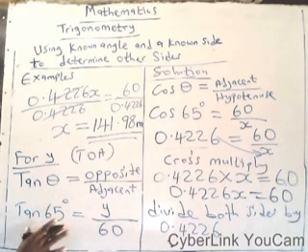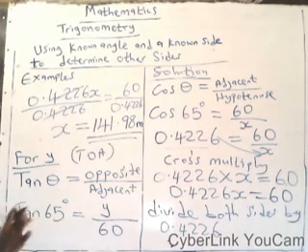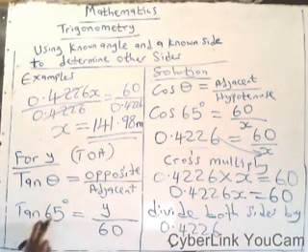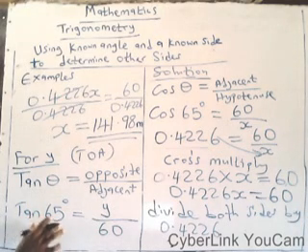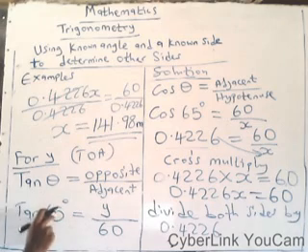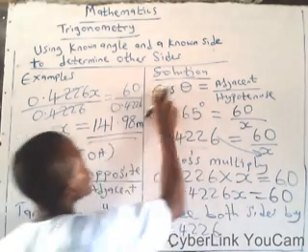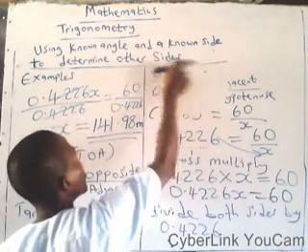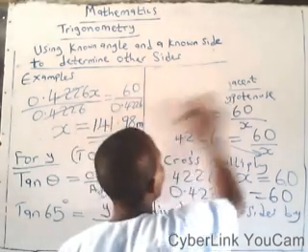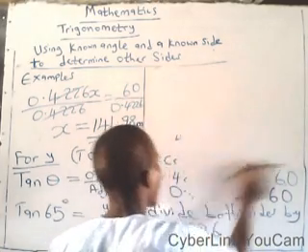Now from your four-figure table again, go to tan theta, tan of angle in degree. When you open to tan of angle in degree, now go and check under 65. What do we have as tan 65 degrees?